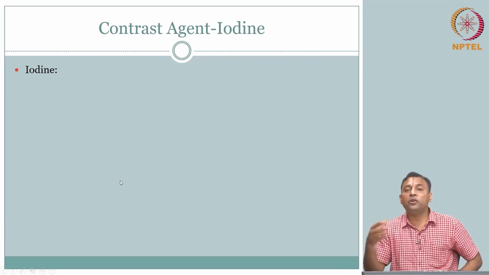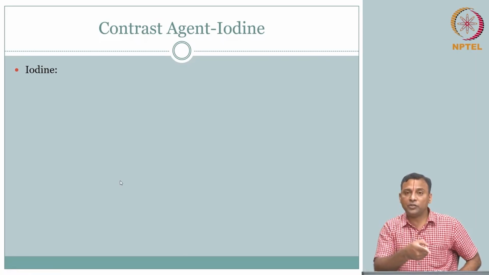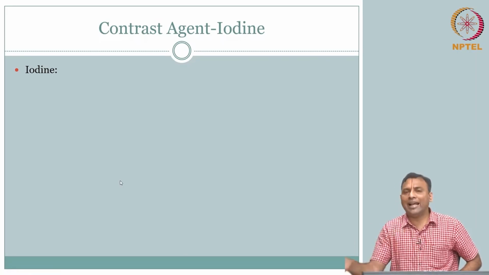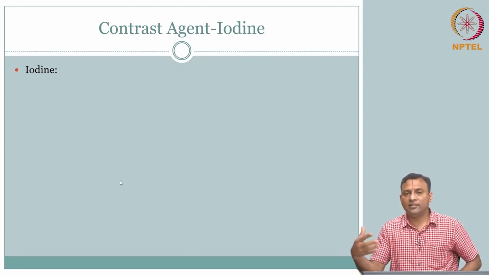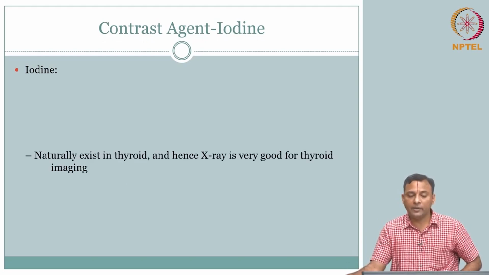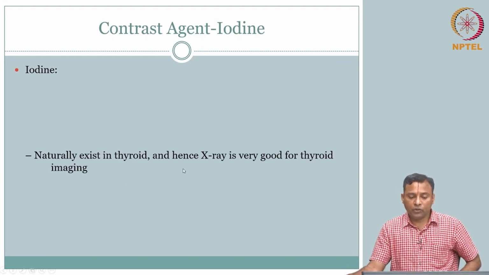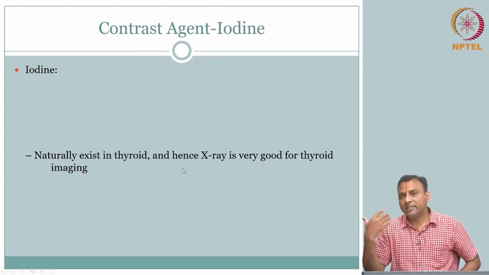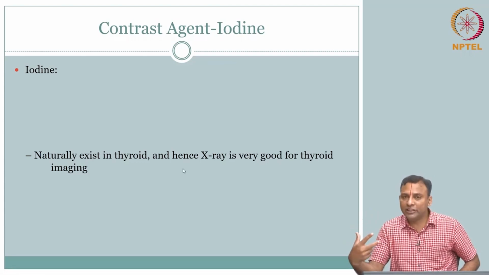Naturally, if you want to do thyroid imaging, you send X-rays, because iodine is already there and you saw the K edge. So the contrast of the thyroid will be very good. Thyroid imaging gets a natural benefit. You don't have to inject the contrast from outside.